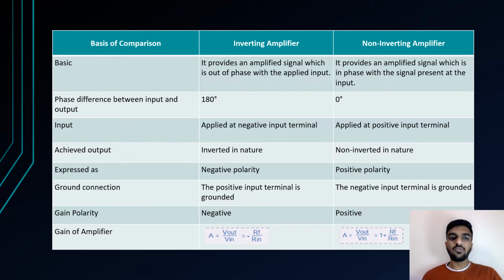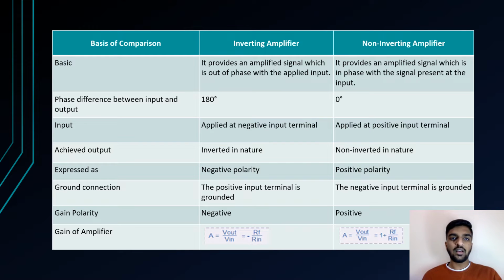In an inverting amplifier, the input is applied at the negative input terminal, whereas in a non-inverting amplifier, the input is applied at the positive input terminal. The achieved output in an inverting amplifier is inverted in nature, whereas the achieved output in a non-inverting amplifier is non-inverted in nature.